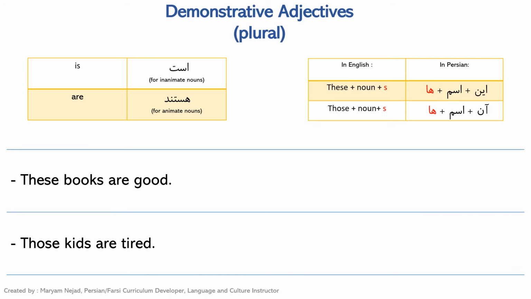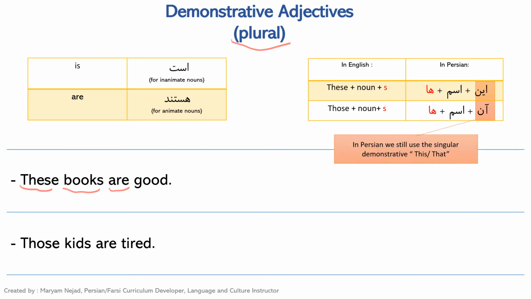We finished demonstrative adjectives for singular, and now we are going to take a look at the plural version. So here we want to now say this sentence, these books are good. So in English you use the plural demonstrative, the noun becomes plural, and then you use the verb are. In Farsi, here's a trick, we still use the singular demonstrative. So in and on, and then we make the noun plural.